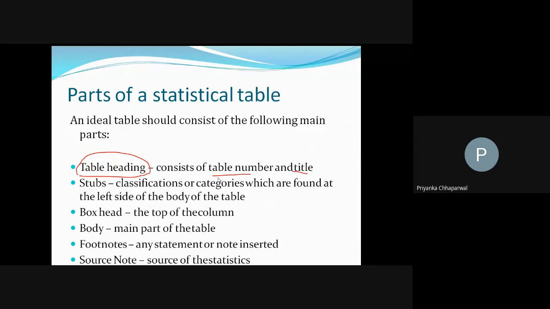So the table number is very important when you make a table. When you make a table, it is also very important that the title of the table should be given. Always remember, students, the title of the table is always given.